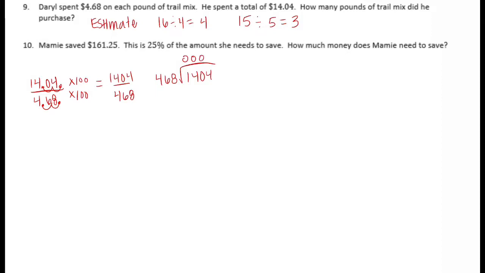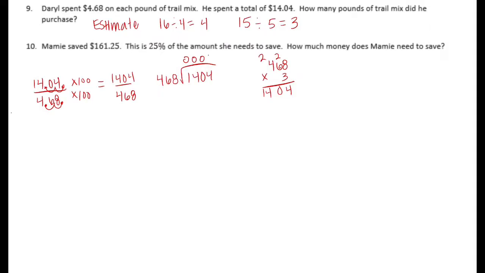We know it's probably between 3 and 4, so I'm going to try 3. 3 times 8 is 24. Carry the 2. 3 times 6 is 18. Plus 2 is 20. 3 times 4 is 12. Plus 2 is 14. 1,404.